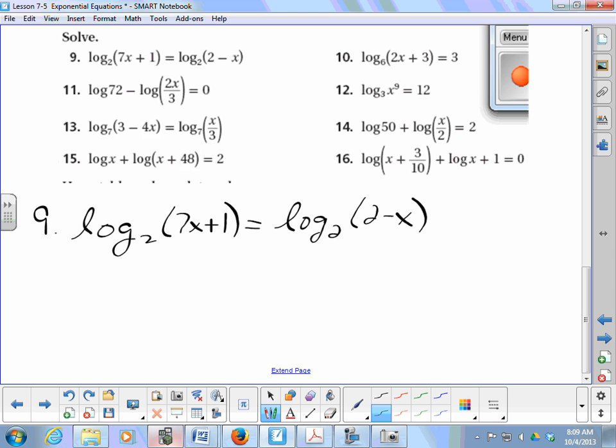They're equal. Now if you look at this, we have on both sides log base 2, log base 2. If those two parts are exactly the same, what must be true about the rest of it then? They're equal. So these two things have to be equal to each other. So now I just need to solve the equation 7x plus 1 equals 2 minus x.